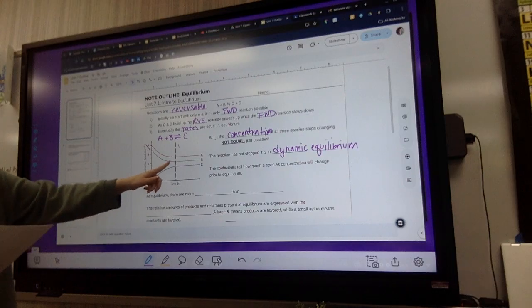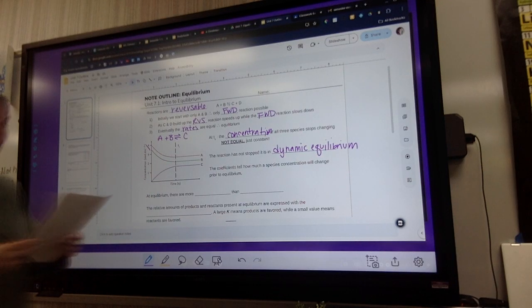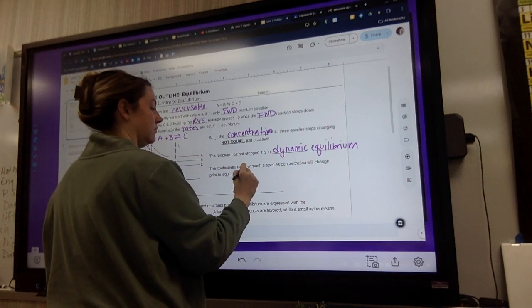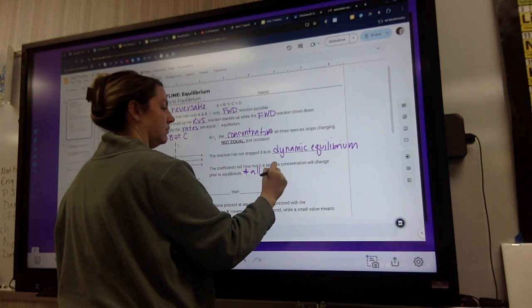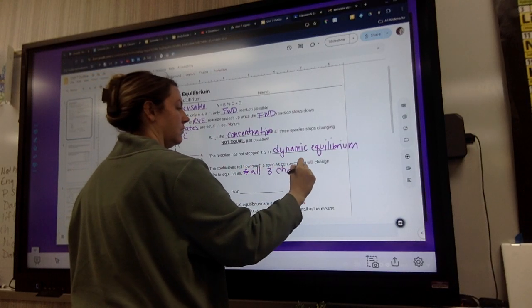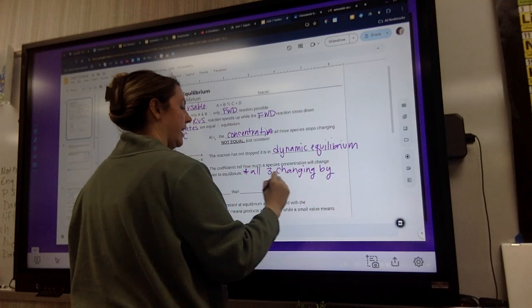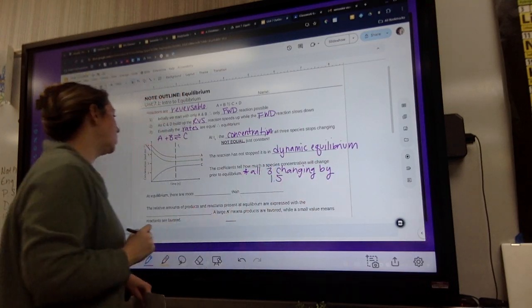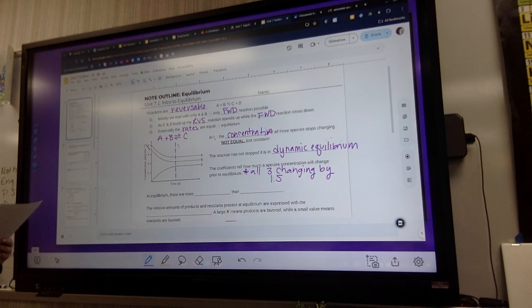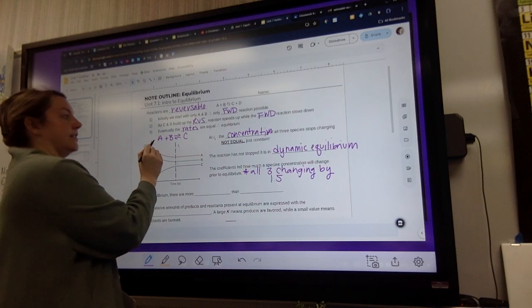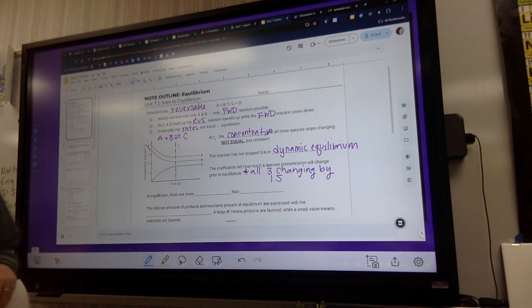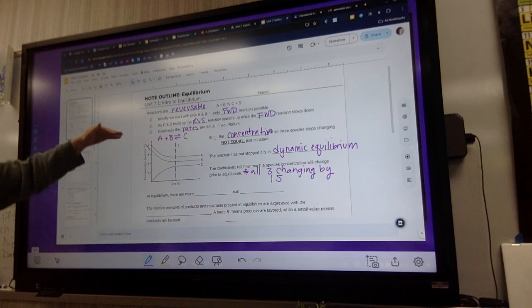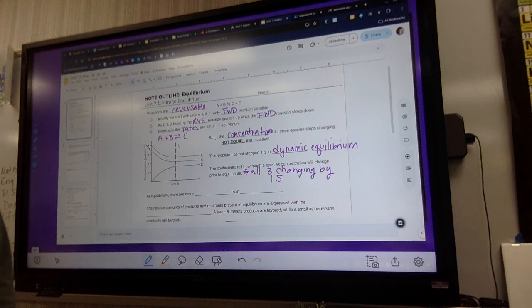This one goes from 0 to 1.5, so they're all changing by 1.5 molar. Thus, our coefficients are all just going to be 1. They're going to be equal. That makes sense? Whereas if we had one that dropped faster, that one would probably have a coefficient of 2.